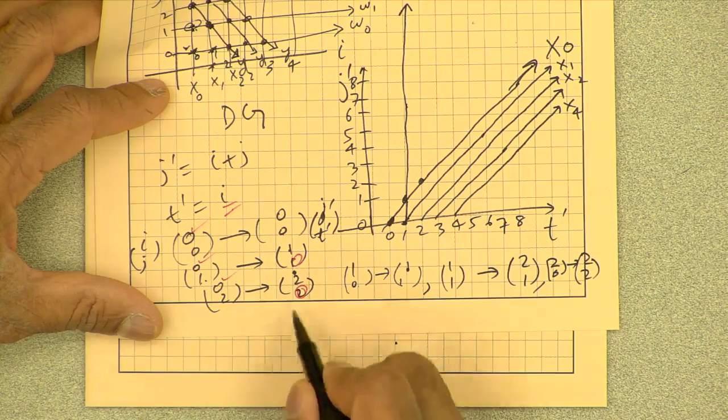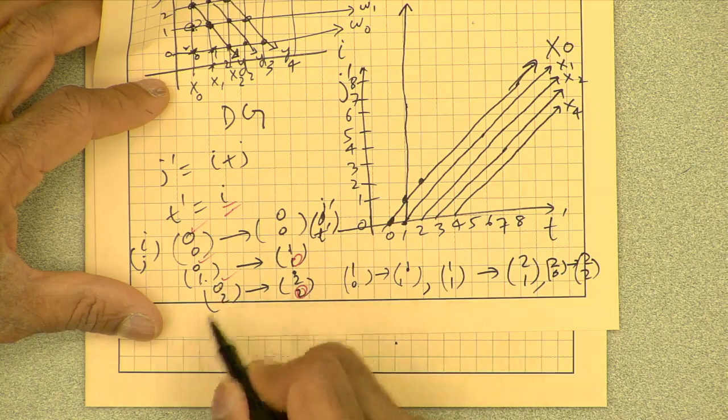Otherwise something would be wrong, because 2, 0 in the j prime, t prime is 0, 2.